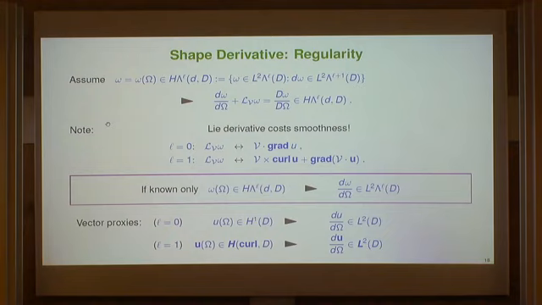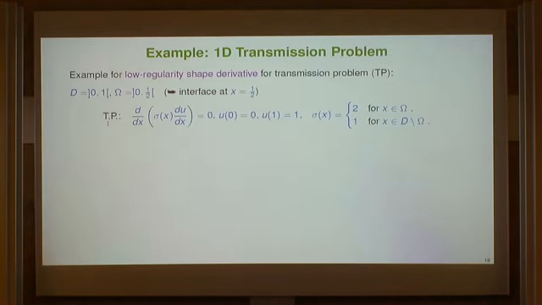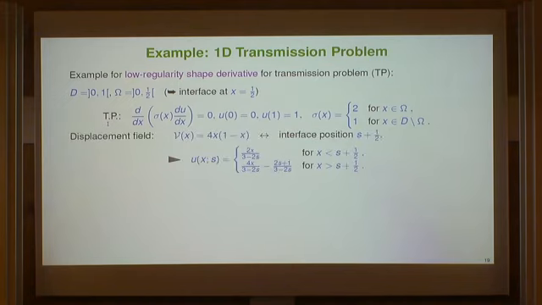And there's a nice 1D example that I've contrived with my co-author. So, a 1D transmission problem, just an interval Dirichlet problem, and you've got a discontinuous coefficient. And then you can compute everything. You can compute the solution depending on the position S of this jump.